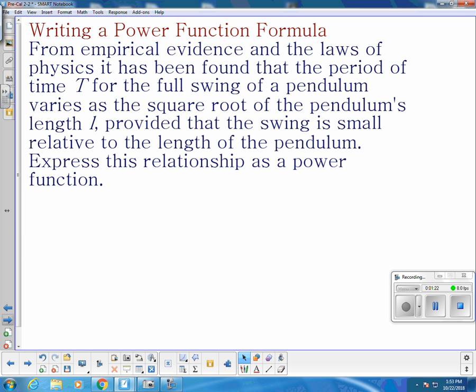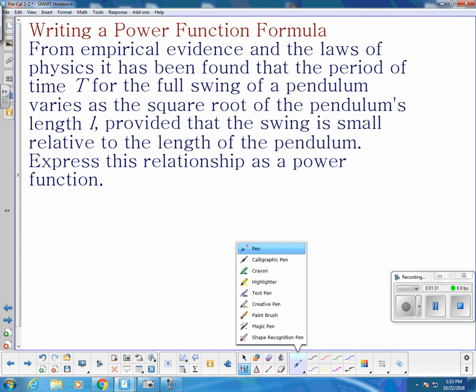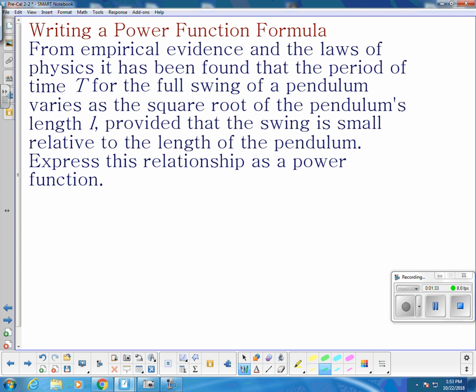So if I wanted to write this power function from a whole bunch of words: from empirical evidence in the laws of physics, it has been found that the period, the time t for the full swing of the pendulum, varies as the square root of the pendulum's length. So we're going to write that as an equation. Time varies as, so as soon as you say varies as, you would just say equals k.